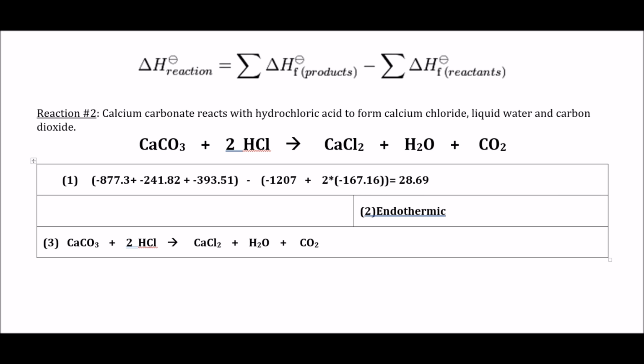By the way, this is going to be kilojoules. So we need to add this energy to this over here. We need to add it to the reactant side because it's positive, so it's going to be 28.69. And that is going to be the answer for number 3.